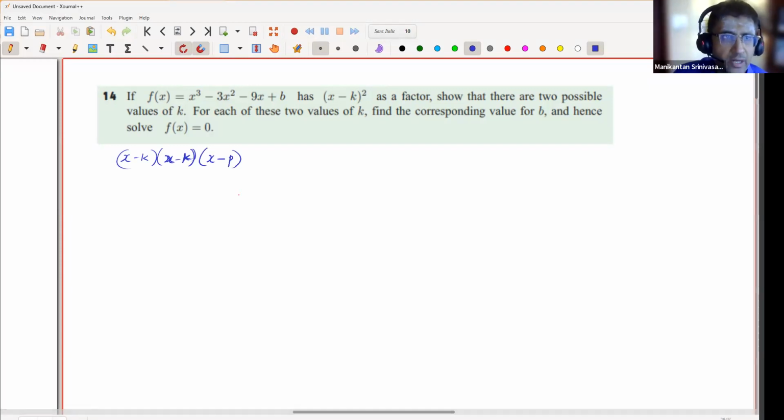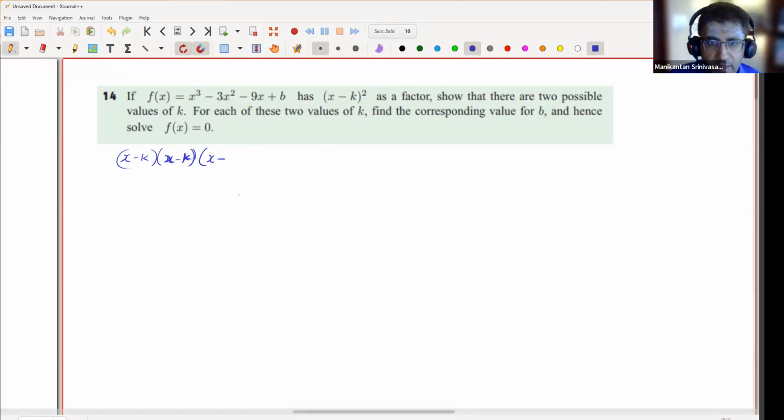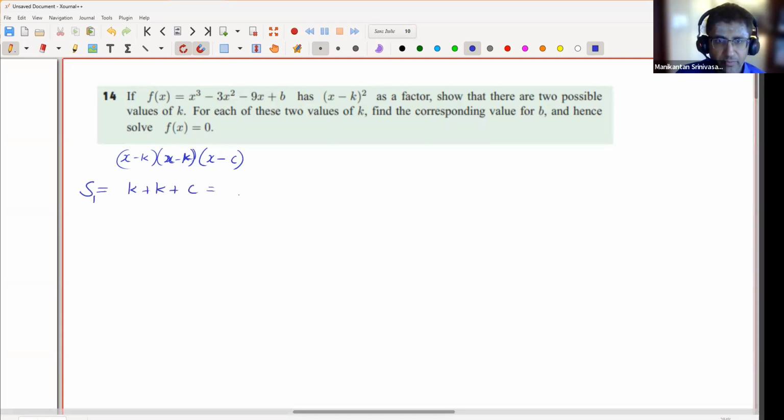I know there's b also, and when I say p and b, it sounds similar. Let's call it some other letter, c. So x minus k times x minus k times x minus c. Now we know the sum of the roots taken one at a time is k plus k plus c, which is 2k plus c, equal to minus b by a, which is minus of minus 3 by 1, which is 3.